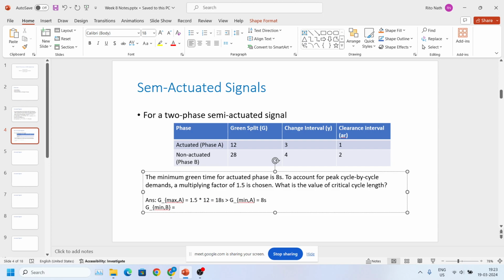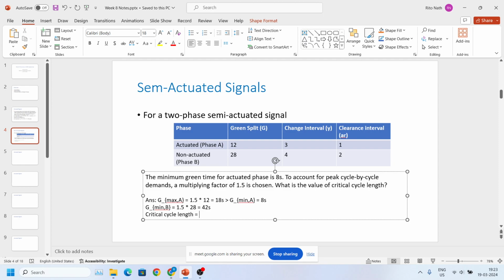This is 18 seconds, and here you have this as 42 seconds. Now it's just simple addition that you have to do for finding out the critical cycle length.